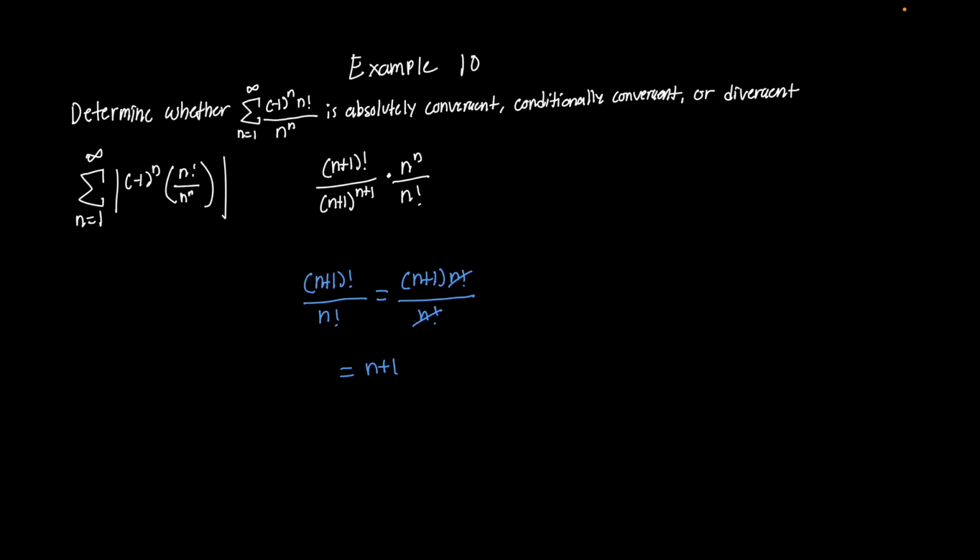So now let's just rewrite this. You can write n plus 1 times n to the nth over n plus 1 to the n plus 1 power. We can separate the denominator, so it would look something like this.